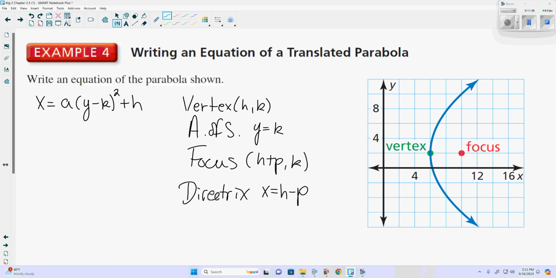Now they did tell us the vertex. Well, they came over to here, well, they're going by 2, so the x value of the vertex is 6. The y value is 2. So the vertex, even though they didn't give us the point, they did give us the graph, is 6, 2. The focus, over 2 more, is 10, 2.